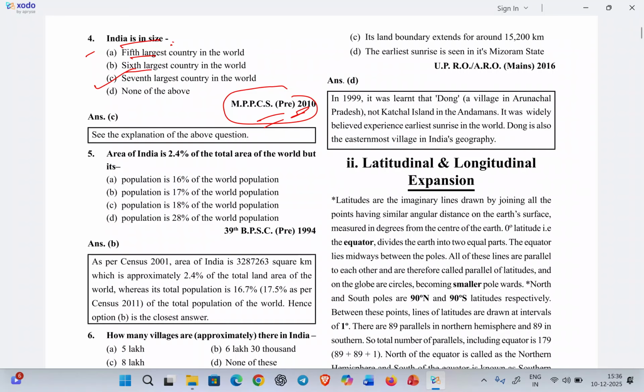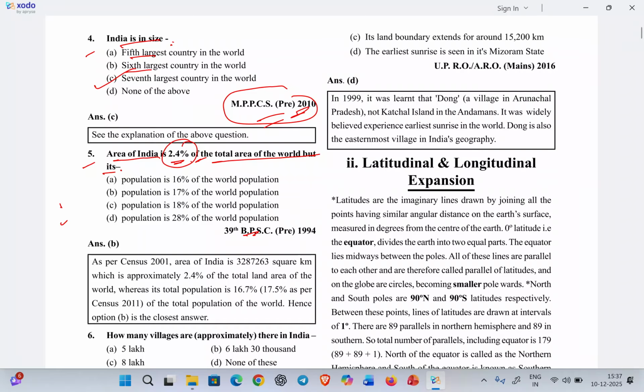The next question is, the area of India is 2.4% of the total area of the world, but what exactly is the percentage of the world's population that India has, right? We have to look it out now. So see, this question has been asked in BPSC. Now we have covered CGPSC, MPPSC, BPSC, UPSC, UPPCS as well, right?